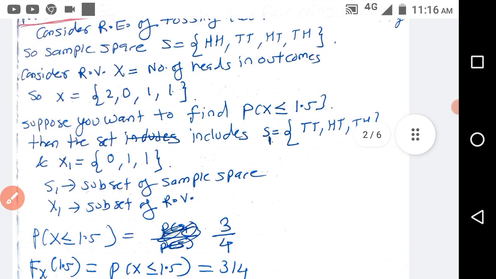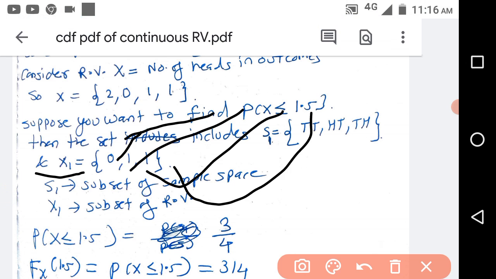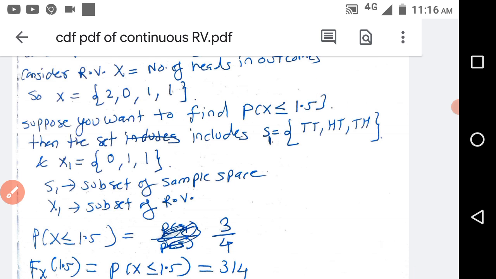Suppose you want to find a probability. In the CDF, you encounter this term. Suppose you want to find the probability X less than or equal to 1.5. For that you need to find a subset.